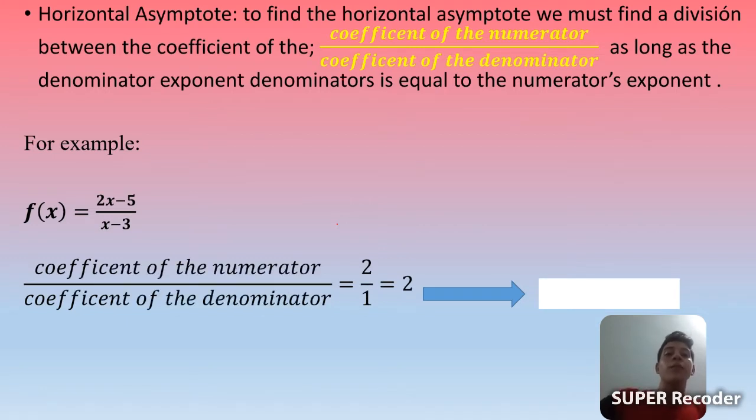Coefficient of the numerator over coefficient of the denominator equals 2 over 1 equals 2. Horizontal asymptote.